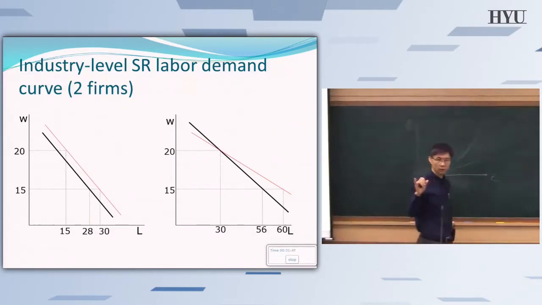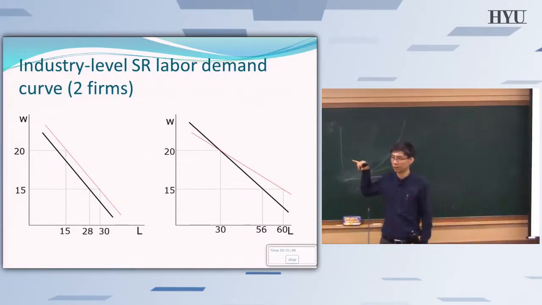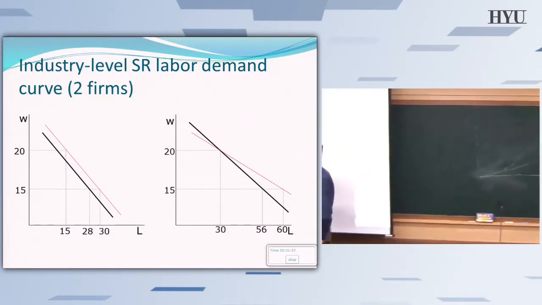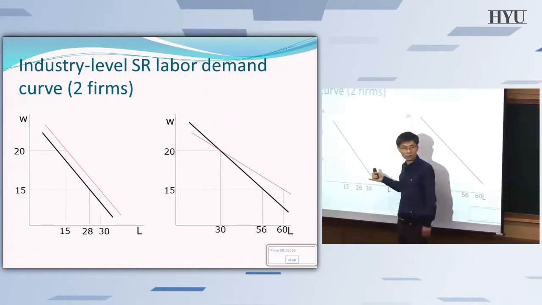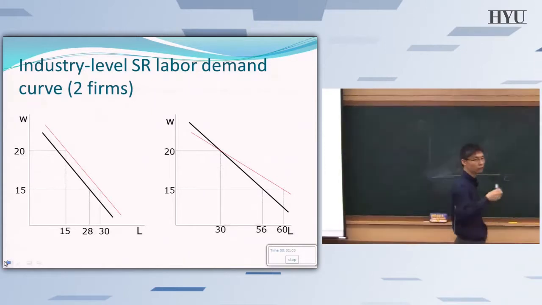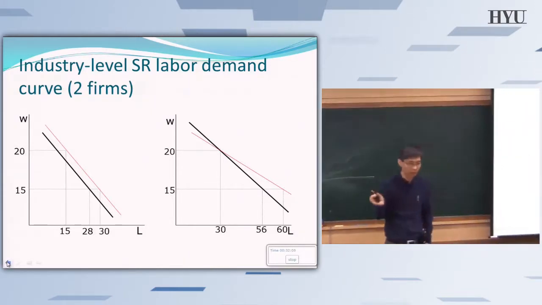Get it? No? So the individual labor demand curve is still the red one, because when firms make the decision about their individual labor demand, they do not think the other firms will make the same move.